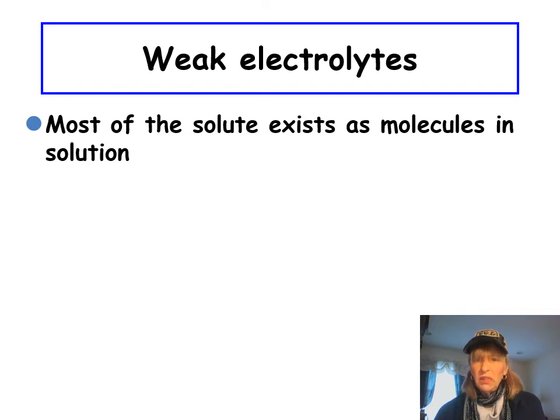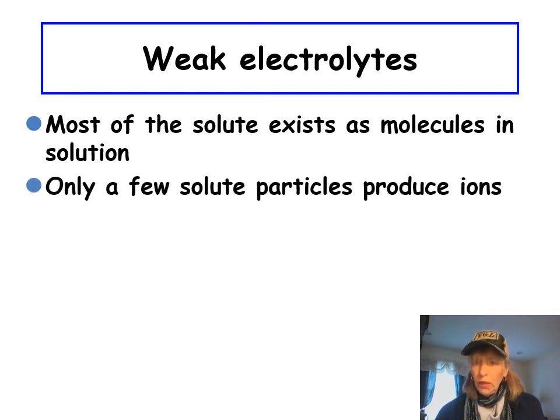So how are we going to show this? The fact that most of the solute, when we dissolve it in water, exists as molecules, and very few particles are producing ions. So you have very few ions in solution. You have mostly molecules. How are we going to change our equation to show the difference?